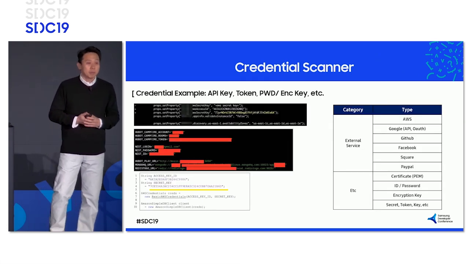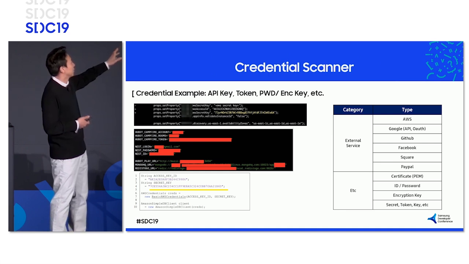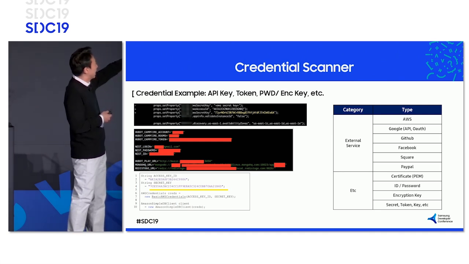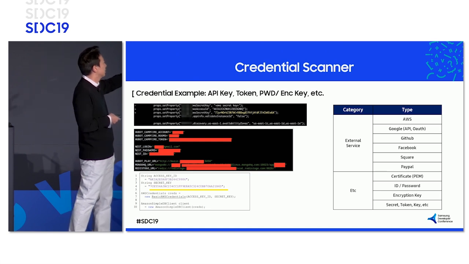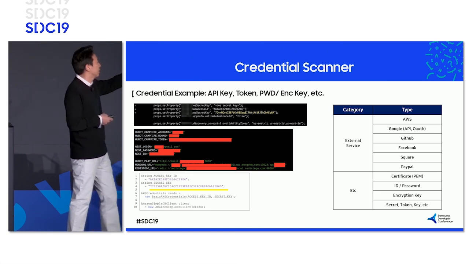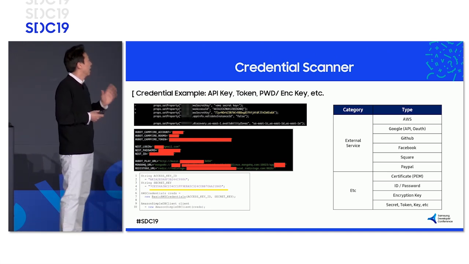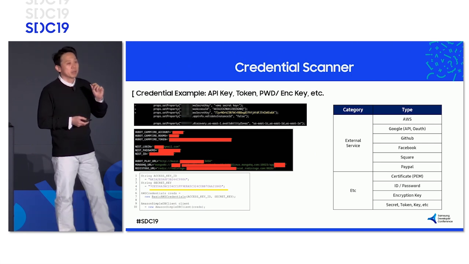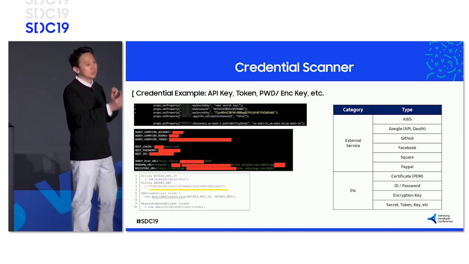This is an example. The first example is the Amazon access token. The line uses some keywords, like secret key, access ID, something like that, and then they have a fixed random string. In the case of AWS, the access ID has the prefix AKIA, and then a 16-byte string.